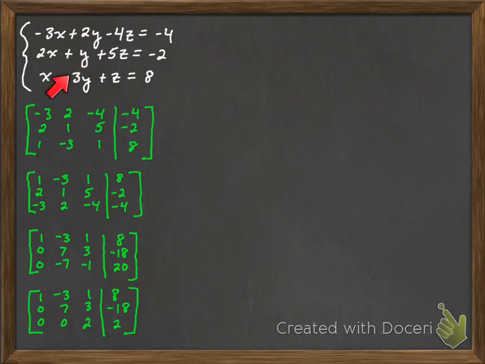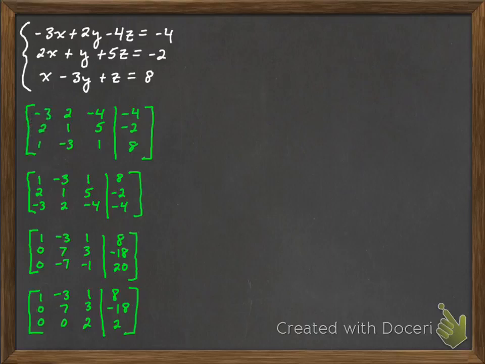So the nice thing about that is that we see the coefficient on this x is a 1, and that's what we need in this first position here. So the first thing we're going to do with our matrices is we are going to take row 1 and row 3, and we are going to swap those rows.